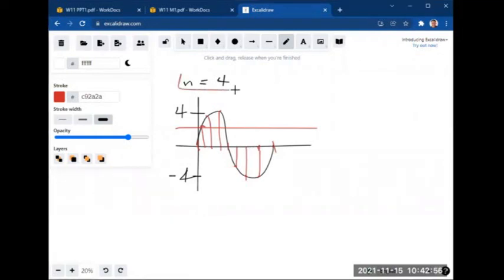All right. So if we have 4 bits, n is equal to 4, so we will be dividing the signal into 4 parts. Okay. So how do we do that one? We have 4 volts.